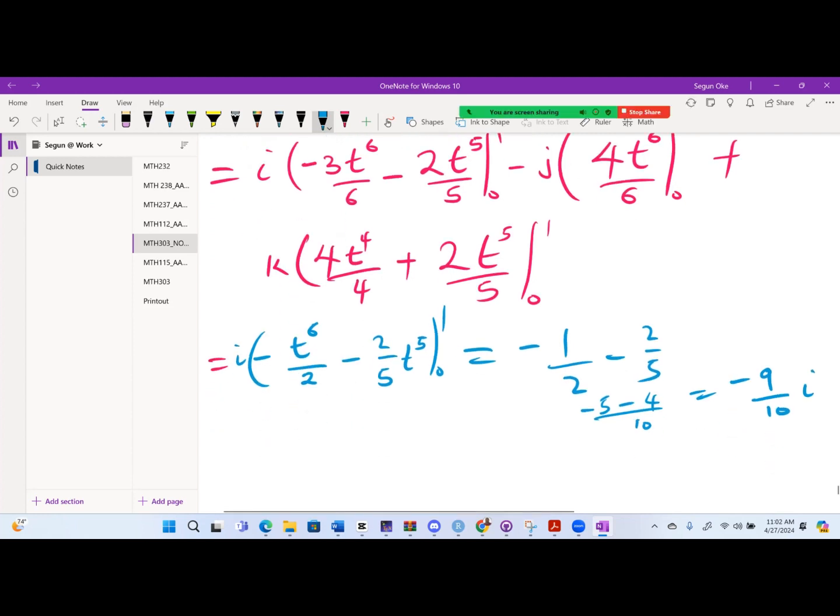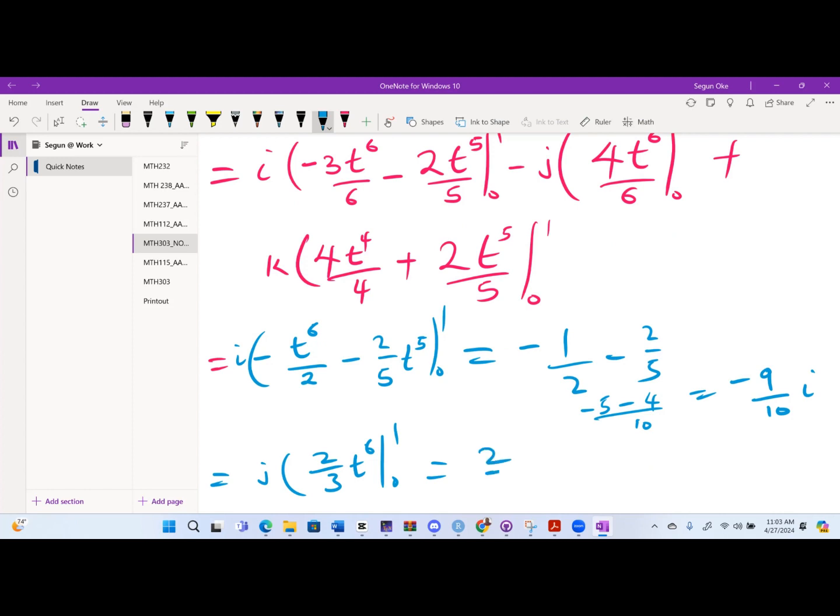So let's look at the J. The J will be, this is 2 over 3, right? 2 over 3 t raised to power 6, 0 to 1. You have it to be 2 over 3.